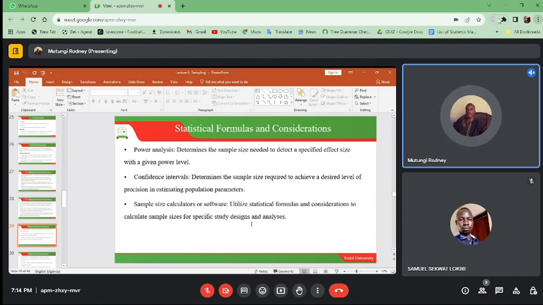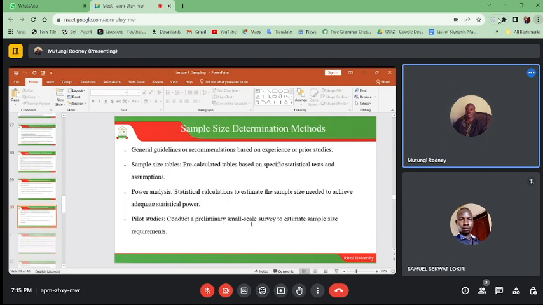So with these ones, you just punch in what you want and they will give you the result. You punch in the population that you are targeting, whether it's 1,000, you put in the confidence level, you put in the margin of error that you would allow in your study, and then they will give you the sample that you need. Okay.